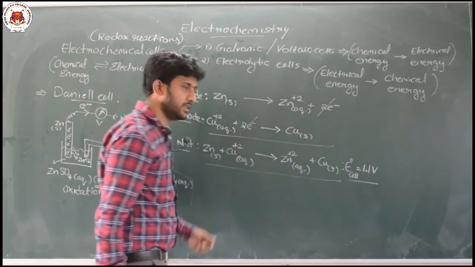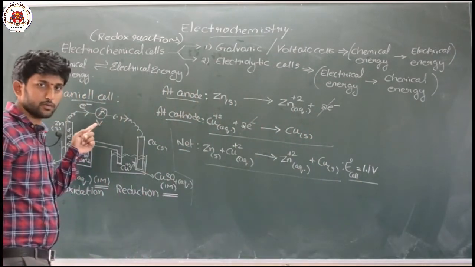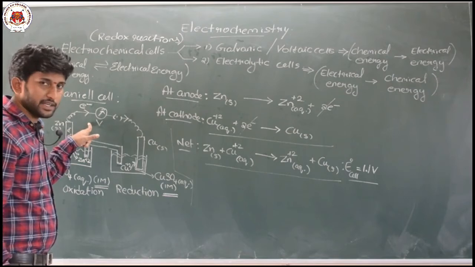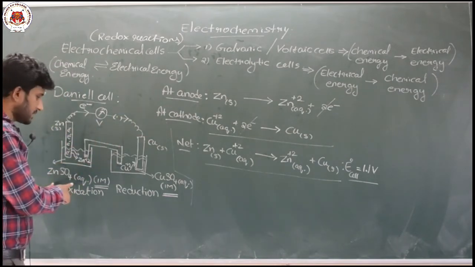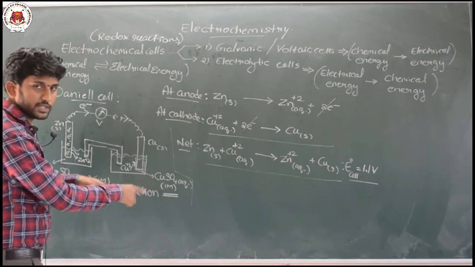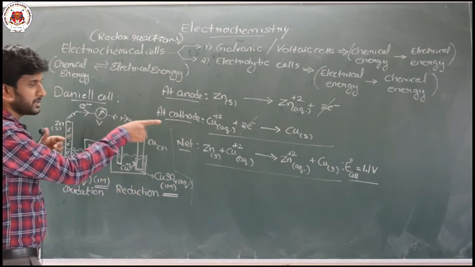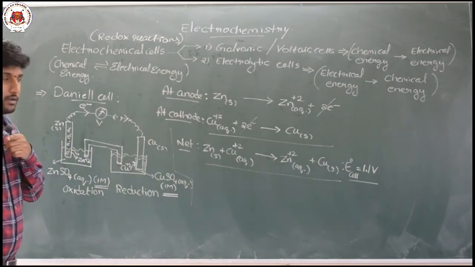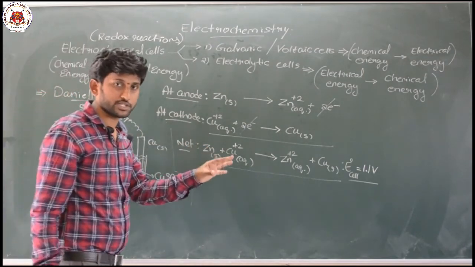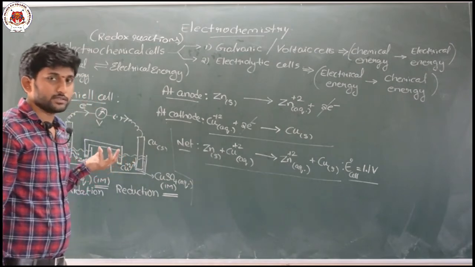We have connected a voltmeter, and this meter reads 1.1 volt. When 1 molar zinc sulfate and 1 molar copper sulfate is taken, 1.1 volt will be the EMF or the potential in this cell.